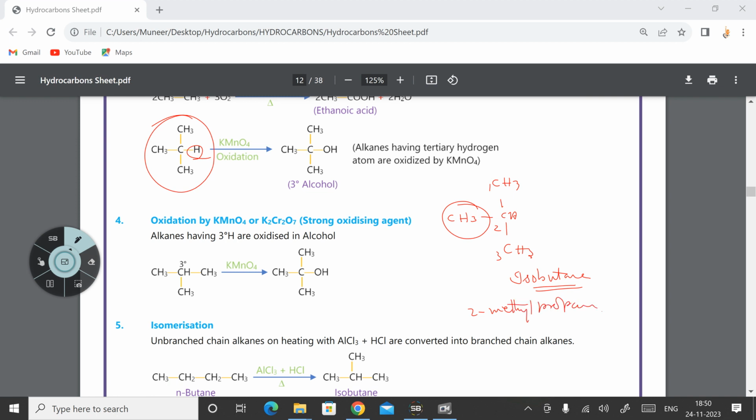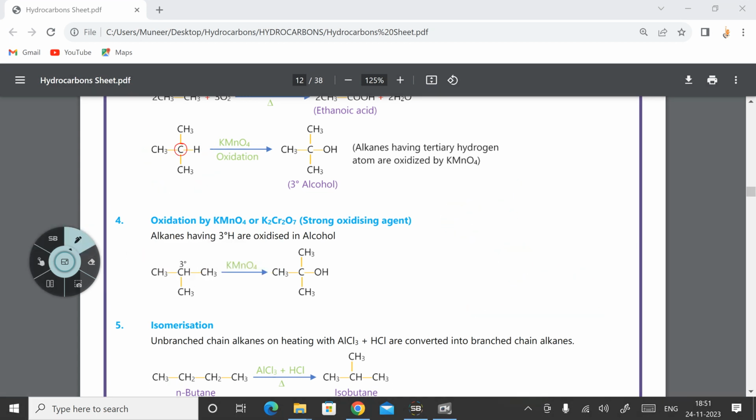Okay. 2 methyl propane contains a carbon. Is this carbon atom primary, secondary or tertiary? This carbon atom is tertiary carbon. If a carbon atom is bonded with 3 carbon atoms, then it is called a tertiary carbon.